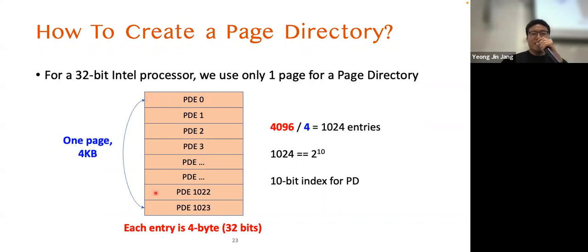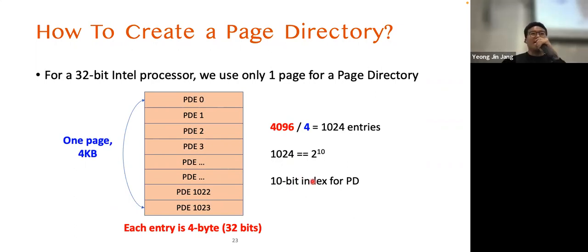So with 4 kilobytes, we will have 1024 entries for the entire page directory in one page. That's why we have a 10-bit index for the page directory. You remember that whenever there's a virtual address, we take the top 20 bits, and the top 10 bits index the page directory entry. Because our page size is 4 kilobytes and each entry size is 4 bytes, we have 1024 entries, and to choose among 1024 entries, we need 10 bits.